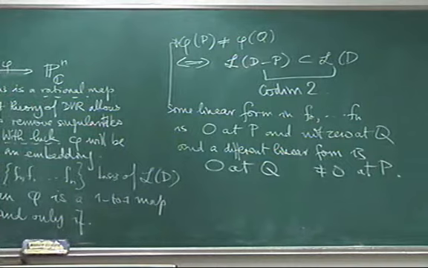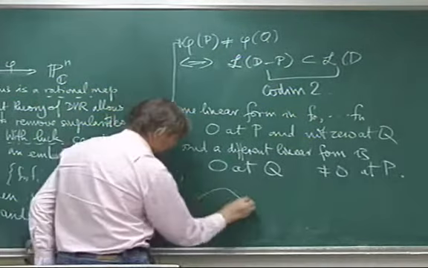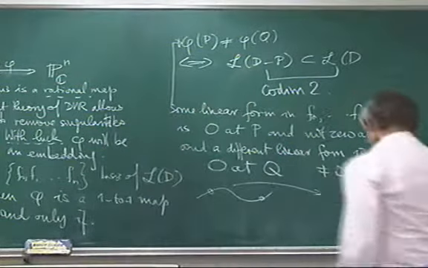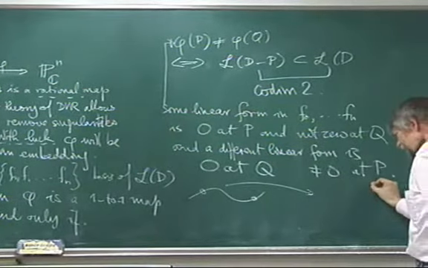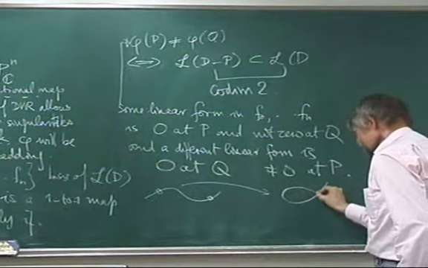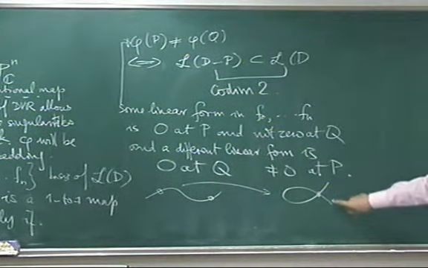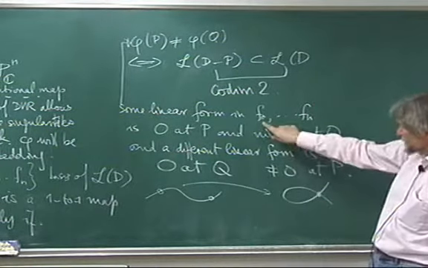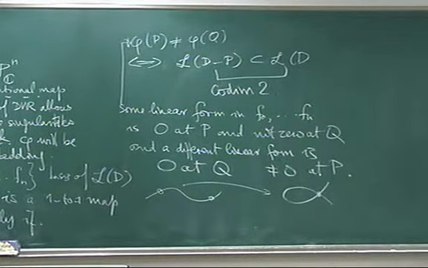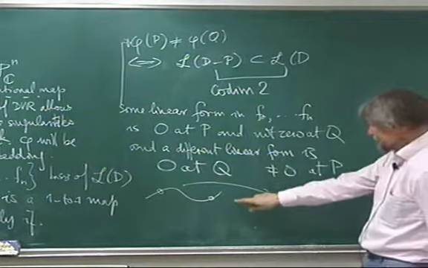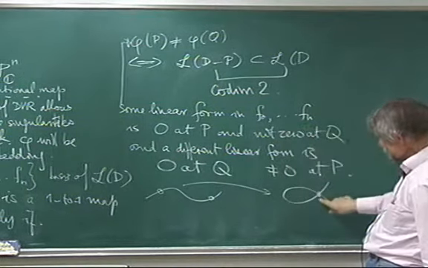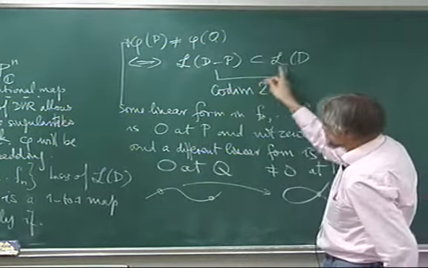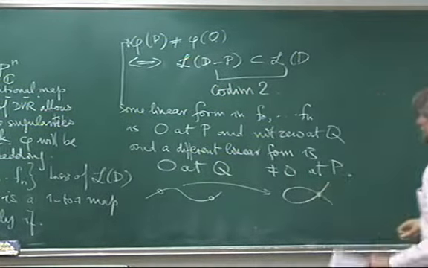So I take these two points on the surface, p and q, and they get mapped in there. One thing that might very well happen is that p and q both get mapped to the same point. But if this happens, where we're doing the map by means of these functions f0 up to fn, this means exactly that all of the functions that vanish at the point p also vanish at the point q. And so in that case, this vector space has the wrong dimension.